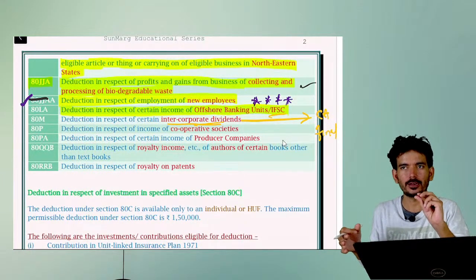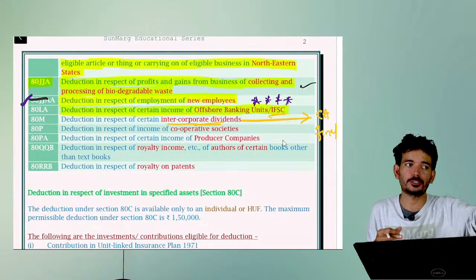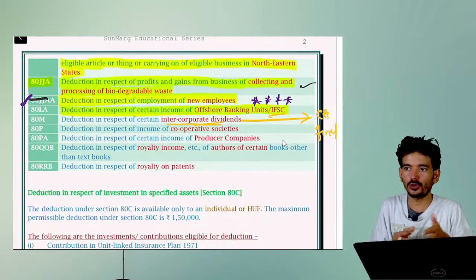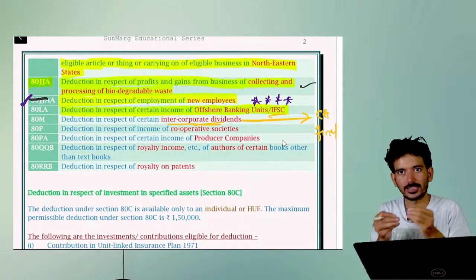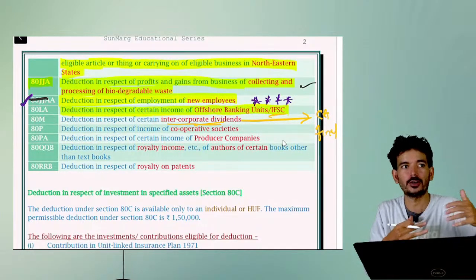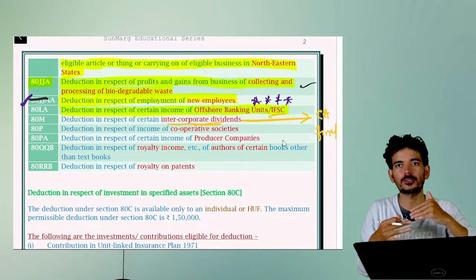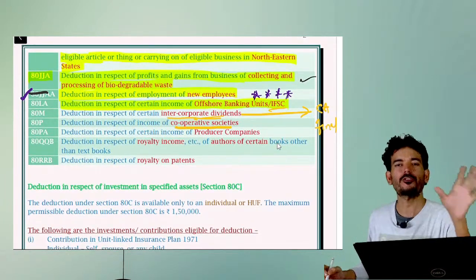So a relief is given to them. If you are receiving dividend from your subsidiary and in the same financial year you are declaring dividend to your shareholders, certain relief is given, conditions I'll tell you, so that you don't have to pay tax twice, once by your subsidiary and once by the holding company. And for cooperative societies there are a lot of deductions.